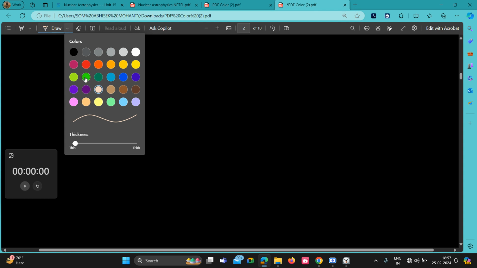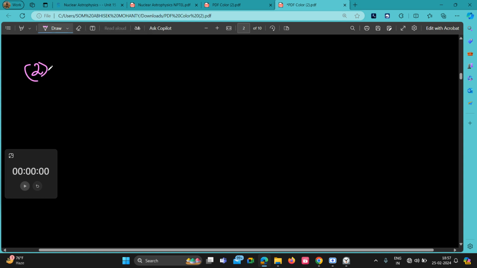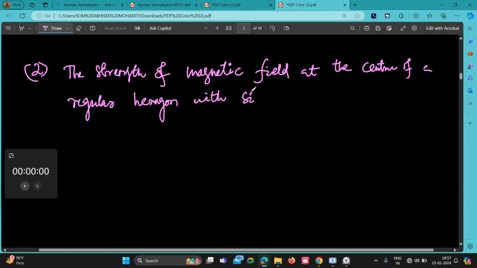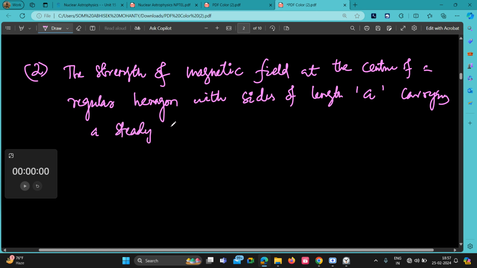Question number 2. The strength of magnetic field at the center of a regular hexagon with sides of length a, carrying a steady current I is, okay.